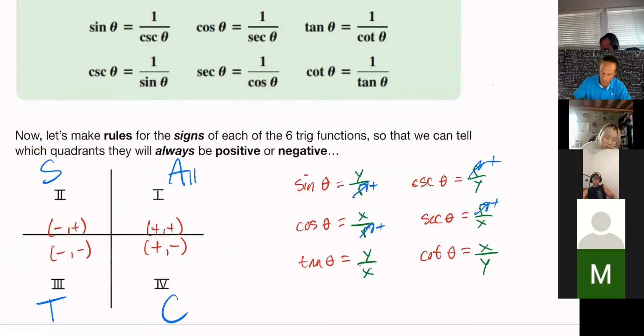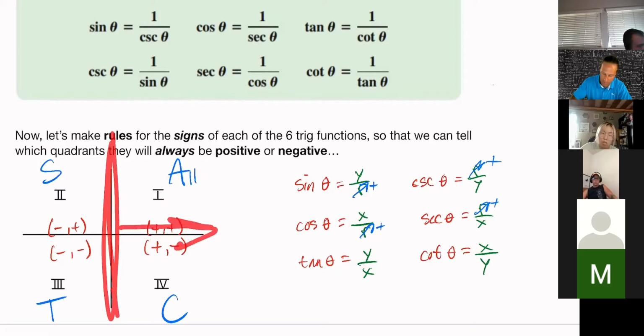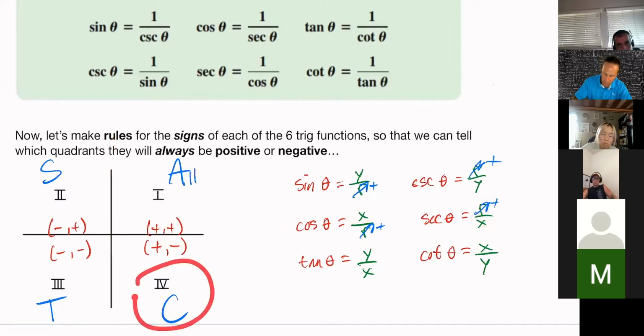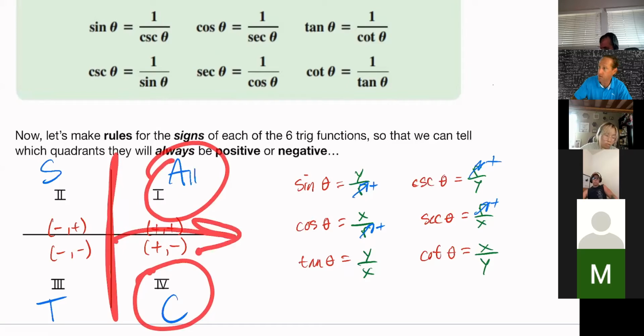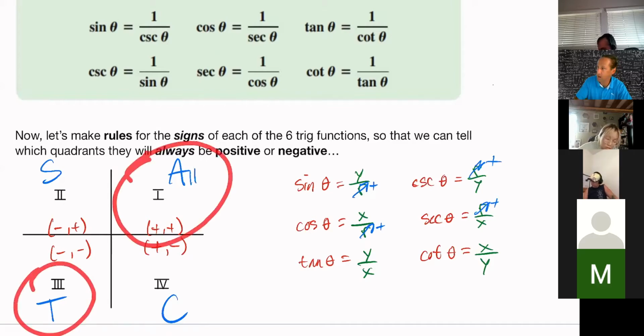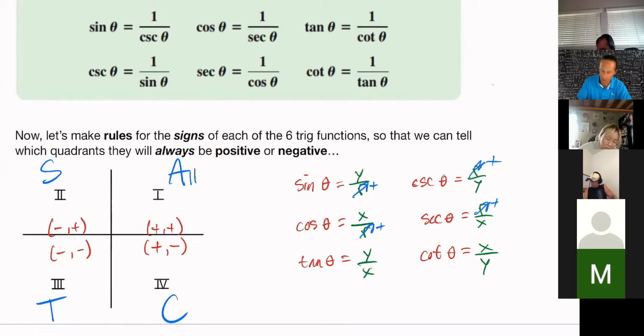For cosine, it's going to be everything to the right, because that's where x is positive everywhere. And that's the only thing that affects cosine. So that's why quadrants 4 and 1 are the only ones that are positive for cosine. The weird one is tangent. It's positive, as all of them are in quadrant 1, but also in quadrant 3. How come?